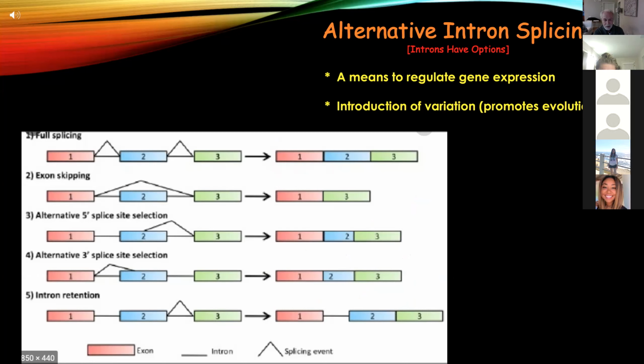No, so the ribozymes are still the ones doing the splicing, right? The alternative intron splicing. Oh, no, ribozymes are not involved in splicing out introns. Okay, that's where I got confused. Okay, that's good to clarify. Ribozymes just have another function for regulating genes.